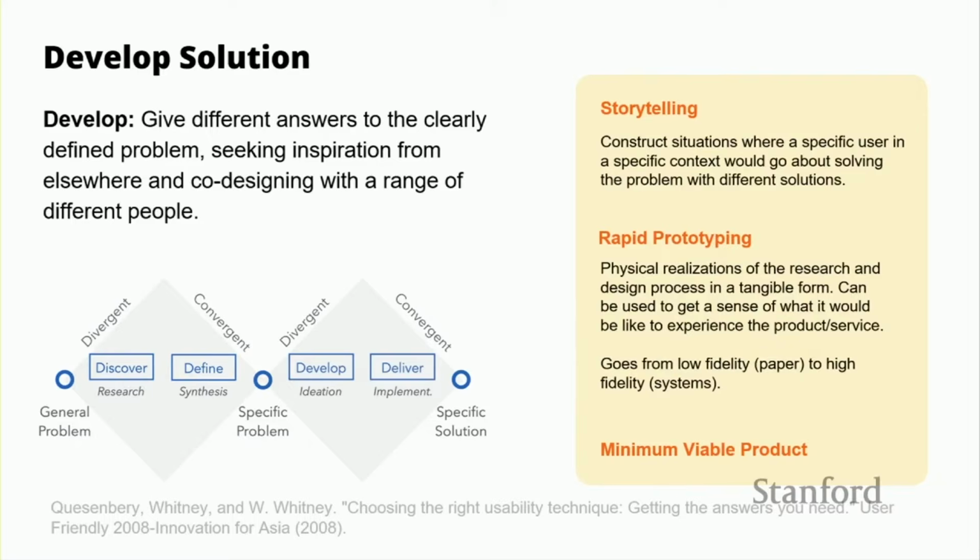On the solution side, while you're developing, some of the tools used in this area include things like storytelling. You construct situations where the user is in a specific context, and you think through different ways that different solutions might engage with the user in those settings.